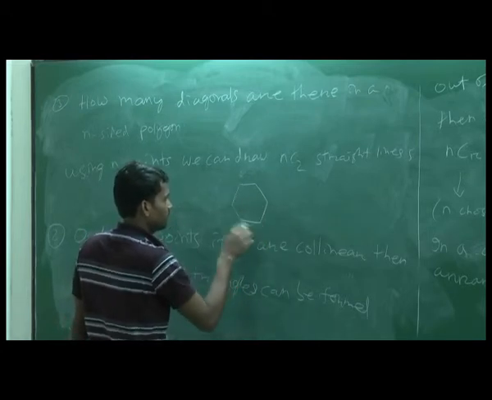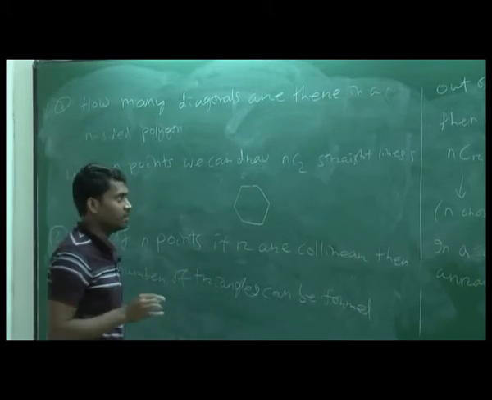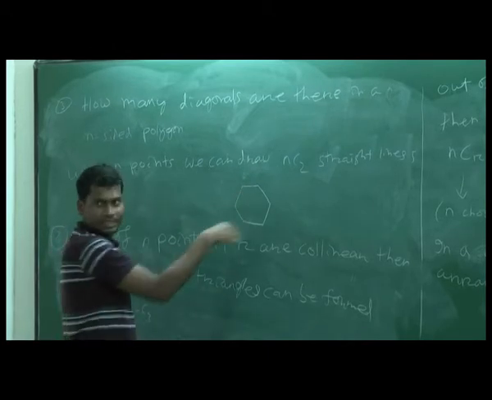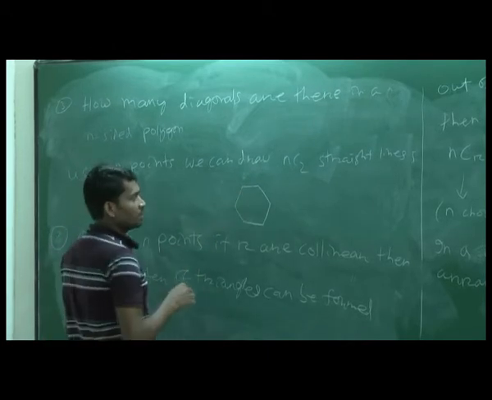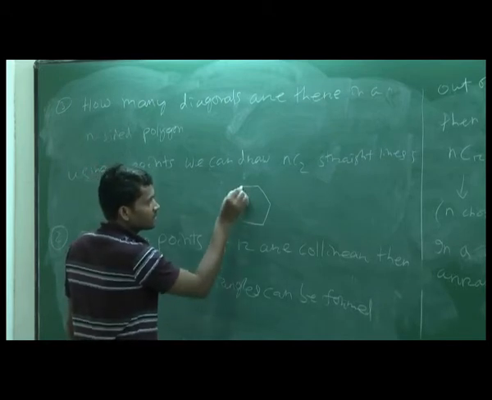So we have this hexagon. How many sides are there? 6 sides. And 9 diagonals.